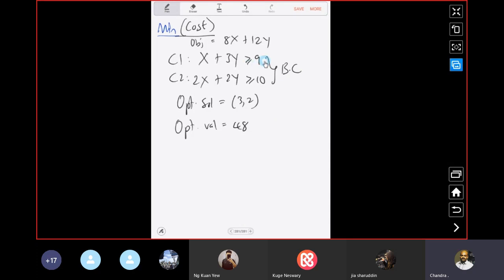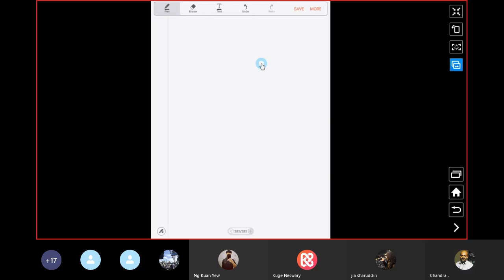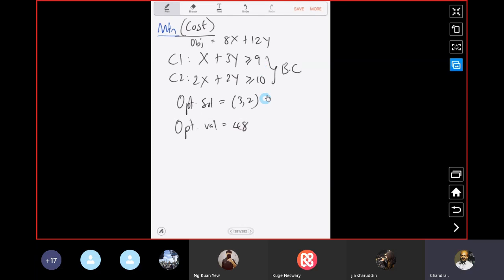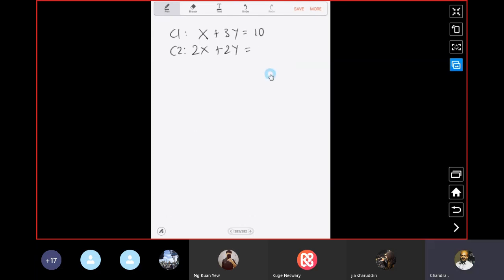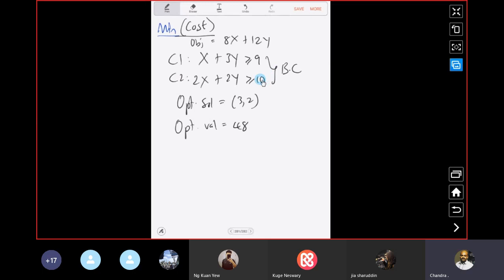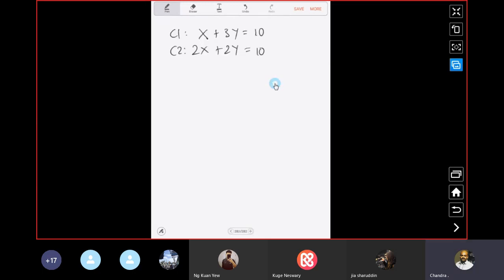Now let us do the analysis. I'm going to increase 1 unit in C1. Increase 1 unit in C1, that is 11, and the original for C2 is 10. So this is how we do it. Let me denote this as 1, 2. I'm going to solve this to get the new optimal solution by using simultaneous equations.